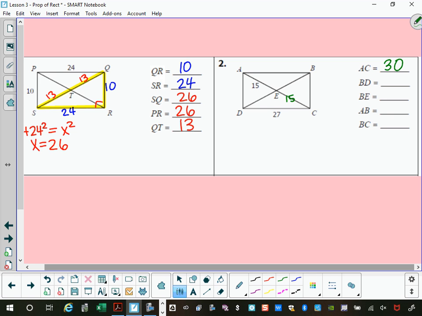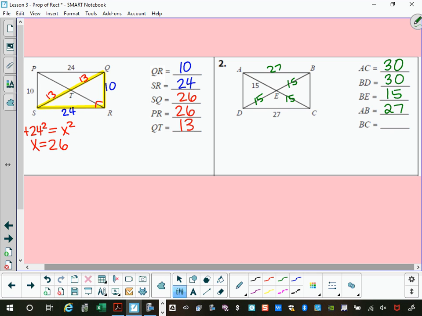All right, so BD is going to be 30, because diagonals are congruent. What about BE? 15, because my diagonals are the same. What about AD? 27. Opposite sides are congruent.